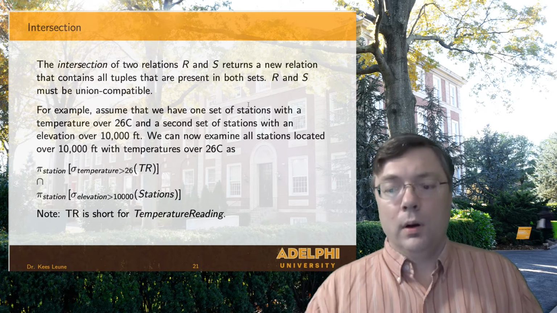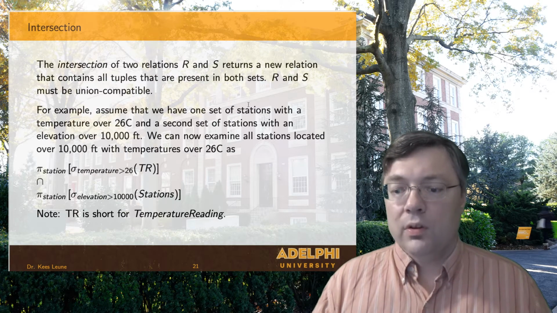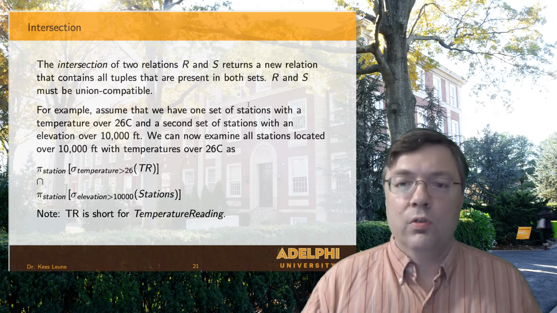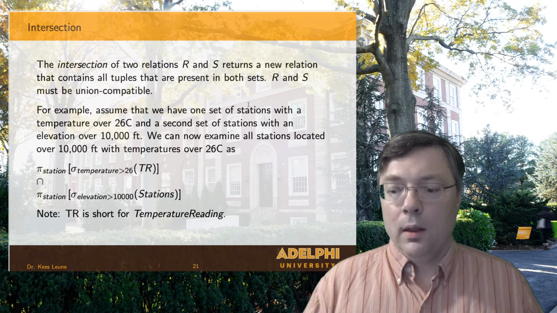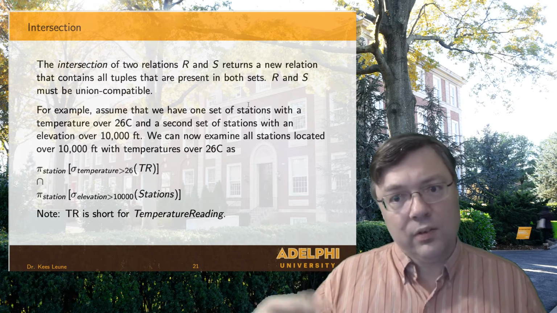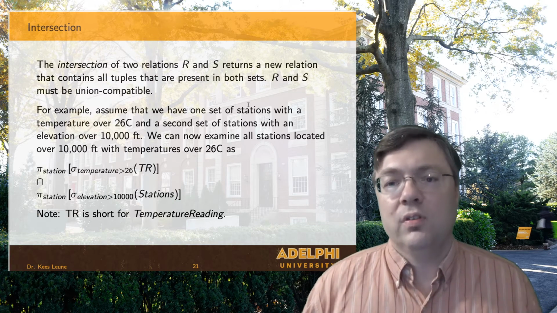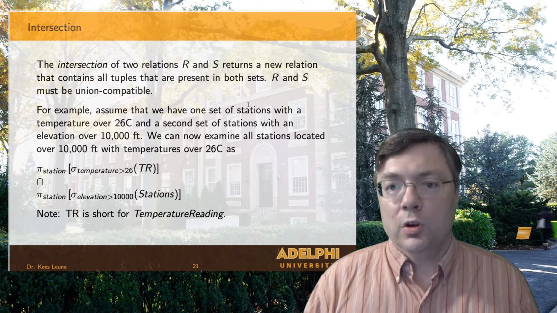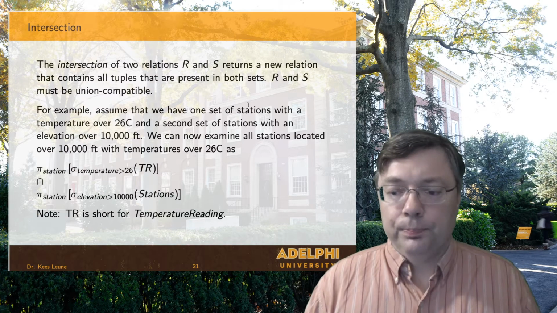The second one, on the other side of the intersect symbol, does the same, but it only returns those stations with an elevation over 10,000 feet and has the station name in it. Notice that there are two different relations that I'm querying at this point, but because I'm condensing them down to just the station name, they become union compatible. And then I want to know which ones are present in both.